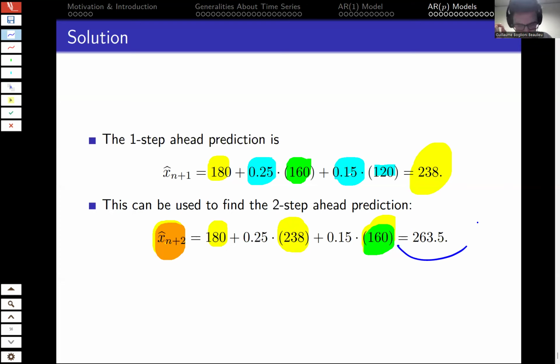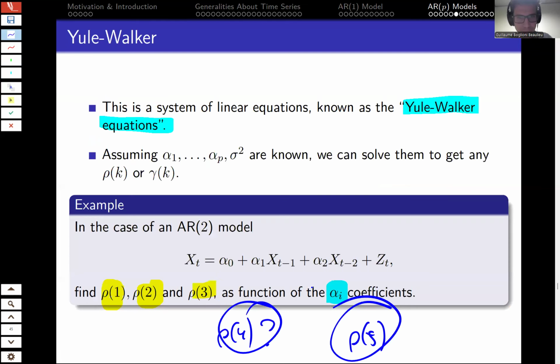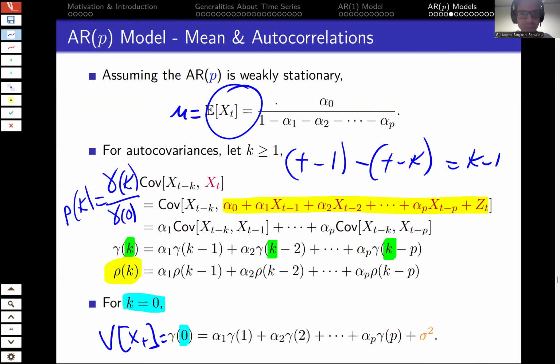And now, just as a comment, what is the long-term mean of the process? What is the expected value of X_t? Do you know the answer? Well, go back to your formulas. We have a convenient formula for that. It's alpha 0 divided by 1 minus alpha 1 minus alpha 2.